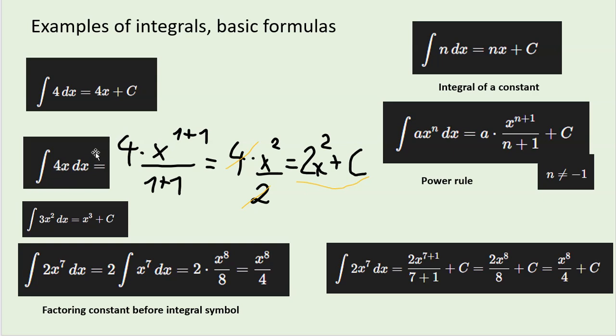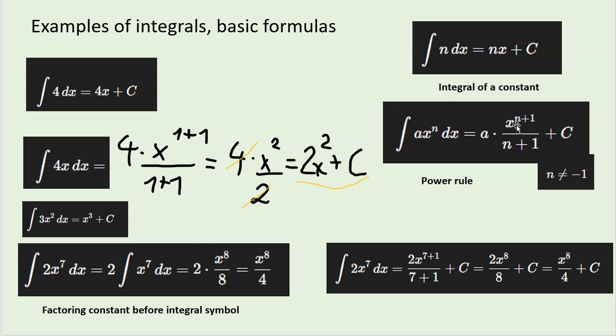Another example, but it's already using a power rule. This is very common. You can see power rule here. So if you have an x with an exponent in this place, you need to apply this power rule.